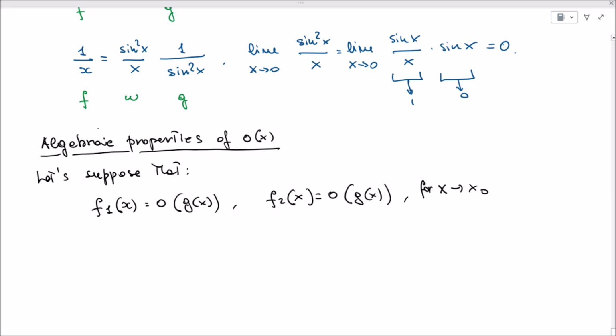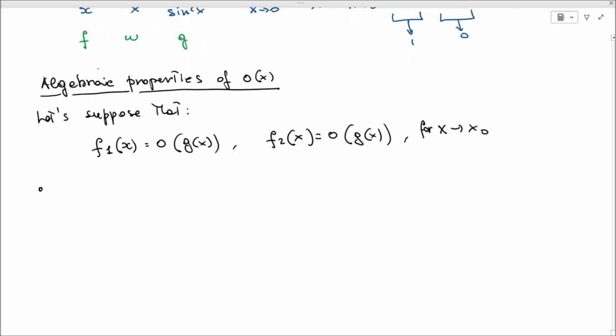So what we are saying is that f1 is little o of g of x, and we know what that means. It will satisfy all the previous conditions. The same is true also for f2 of x, and we want to see now what happens if we take the sum or difference of these two functions f1 and f2.